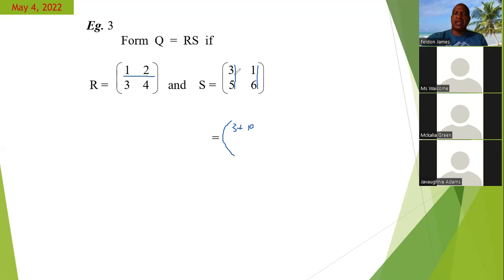Now the first row with the second column would be 1 times 1 give you 1, plus 2 times 6 give you 12. So those are the top elements. So now we go to the second row with the first column. 3 times 3 give you 9, plus 4 times 5 give you 20.